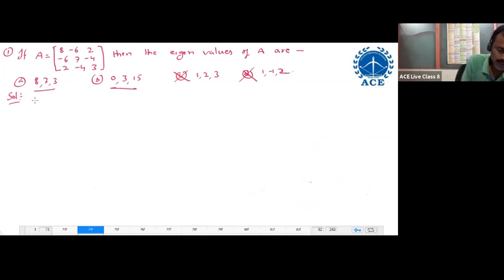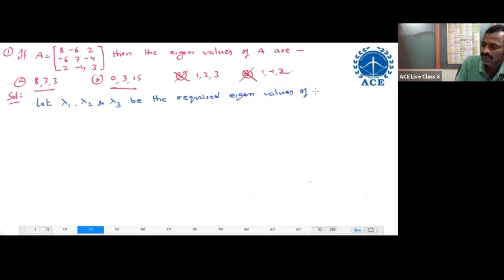Okay, let us write the solution. For this 3 by 3 matrix, 3 eigenvalues exist. Let us suppose the 3 eigenvalues are lambda 1, lambda 2, lambda 3, the required eigenvalues of the 3 by 3 matrix A. Then, first, lambda 1 plus lambda 2 plus lambda 3 equals the trace.